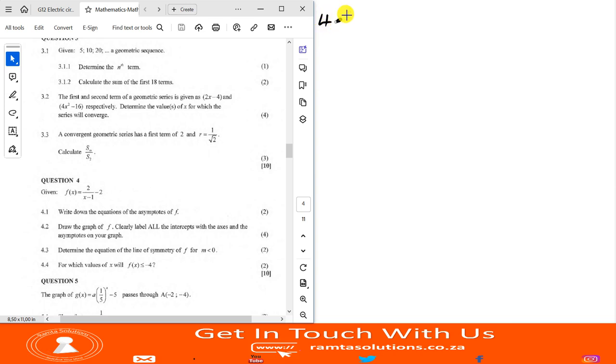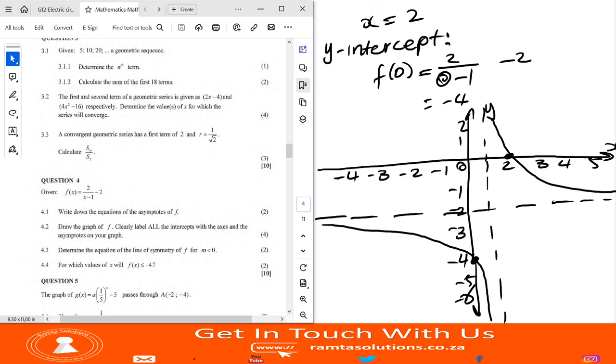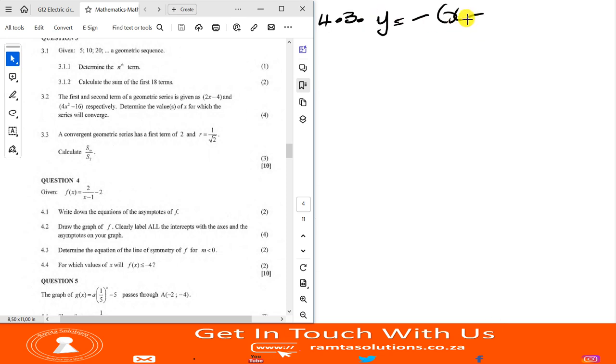4.3. It says determine the equation of the line of symmetry of f for when the gradient is negative. So I will say this is y equals negative x. Remember I said you will take x plus p as is. So you will say this is x minus 1 and then minus 2 as is.